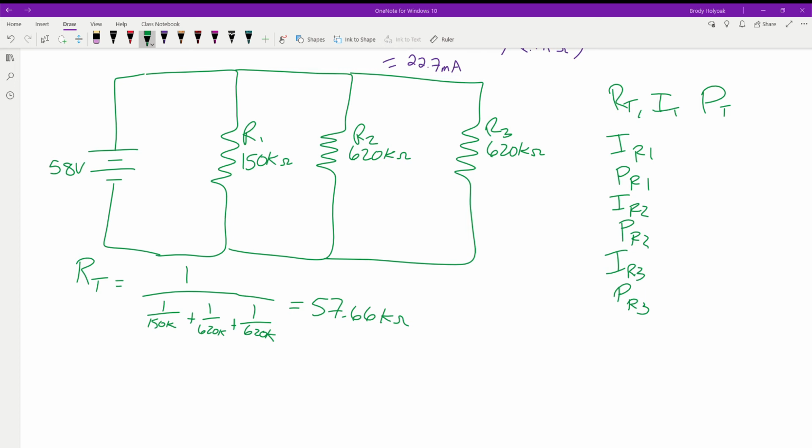Got 101K ohms? No, I'm multiplying. That happens. Okay, about 101 kiloohms.